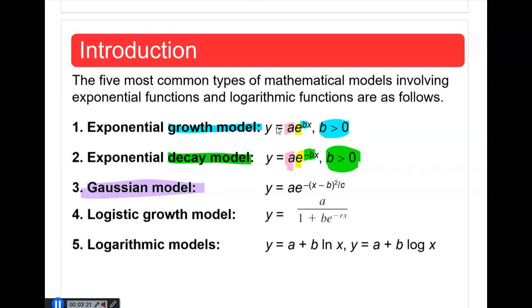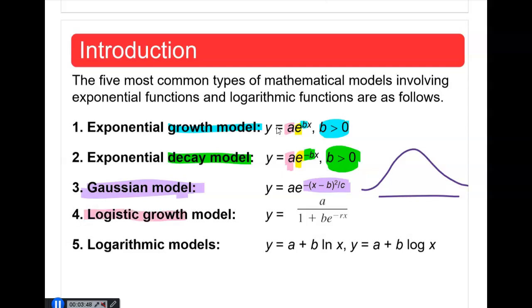Then we have the Gaussian model. And for this one, we're going to do an example. I don't know if you have ever heard about the bell curve. In statistics it is used to analyze several things. And we're going to look at one of those formulas, the normal distribution, with the example. And then we have the logistic model.